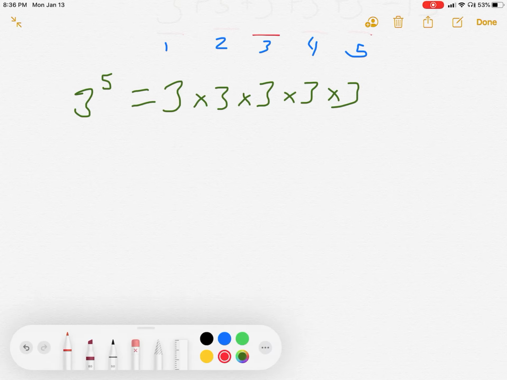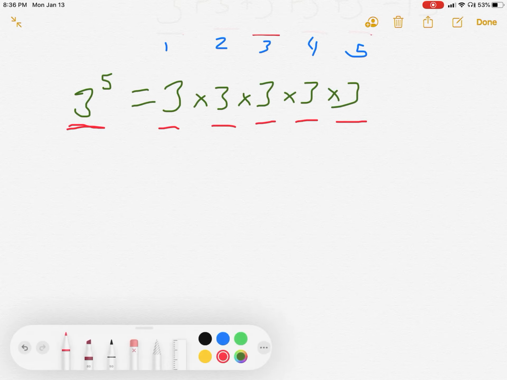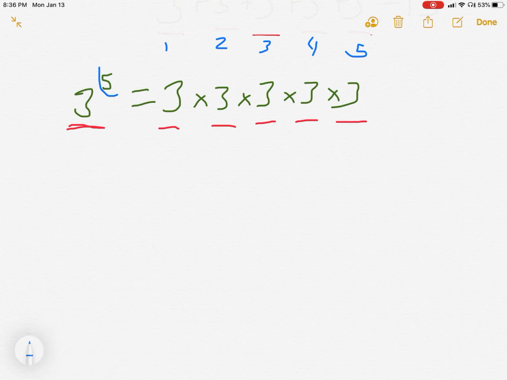Now this first number here, I'm underlining right now, is called the base. And the base is what repeats. So 3 is the thing that repeats over and over again. The power, or the exponent, tells us how many times it repeats. 1, 2, 3, 4, 5.